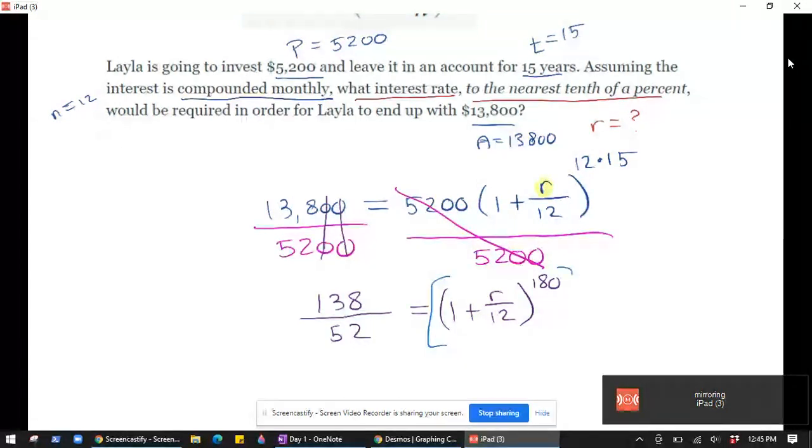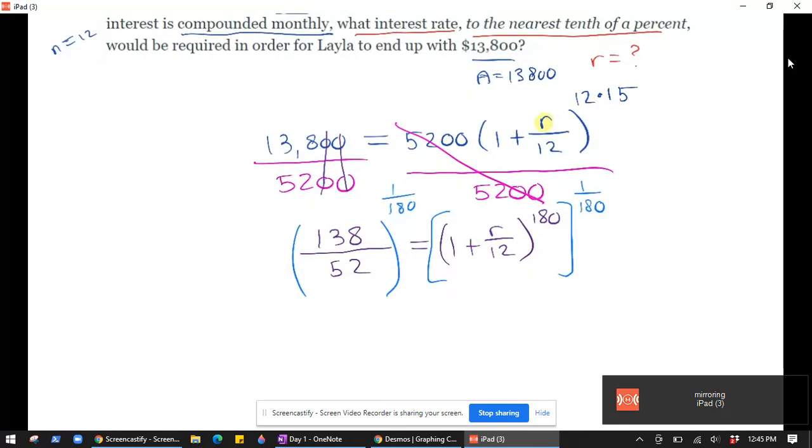So I do that by raising to the 1 divided by 180. And that allows me to cancel those. Again, I'm going to leave this as 138 over 52 to the 1 divided by 180. And now I've got that equal to 1 plus R over 12.